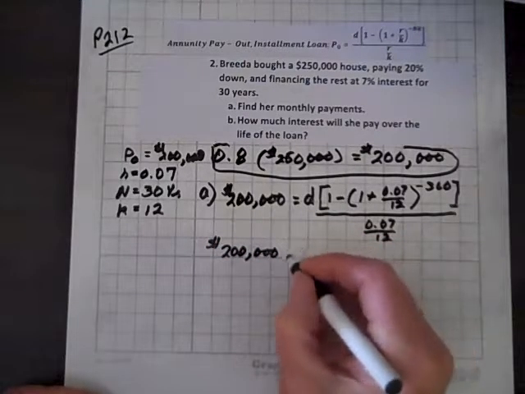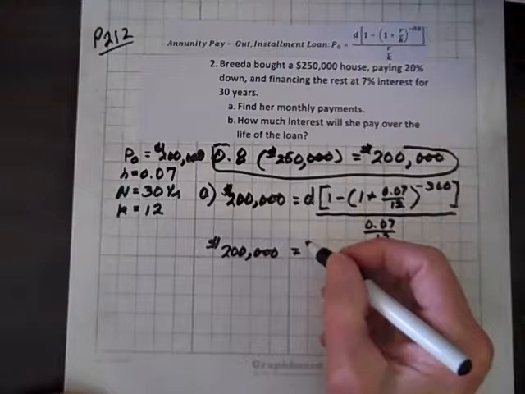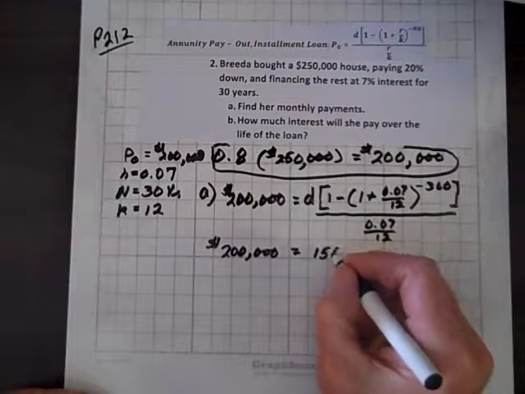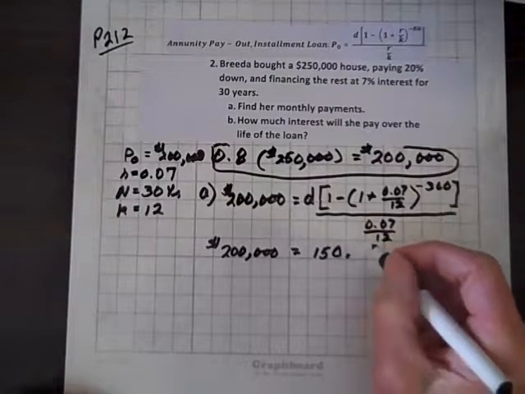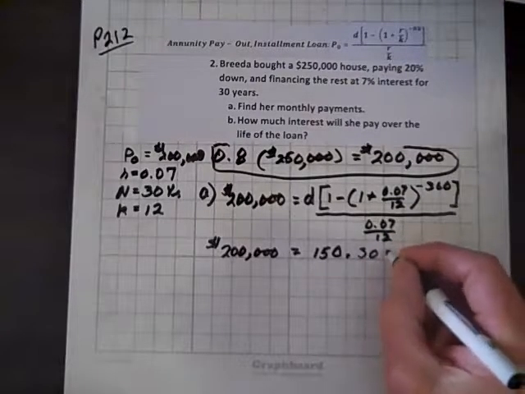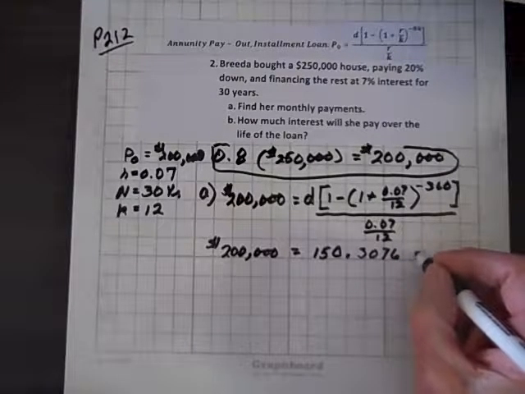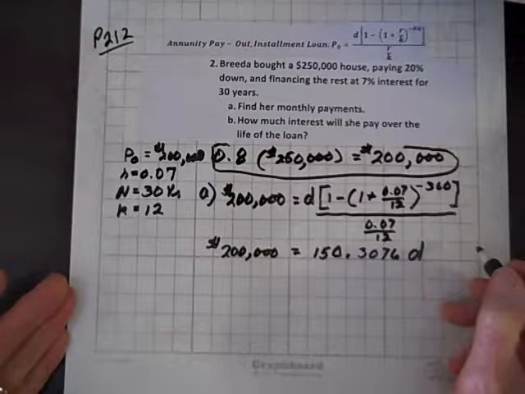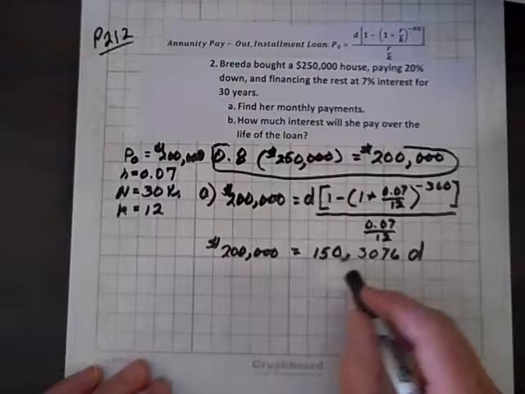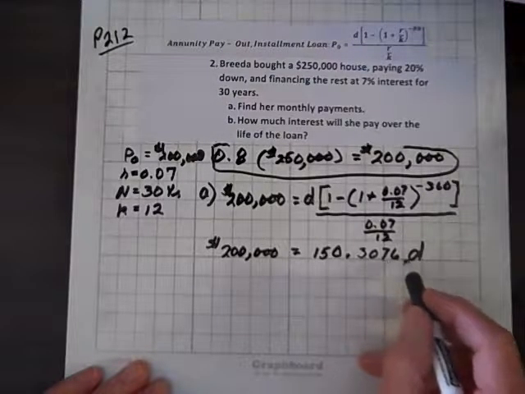When we compute that, we wind up with $200,000 equals, and computing this with our calculator, I get 150.3076, and I'm carrying it out a few decimal places because it will reduce rounding error, times D. Now we have to isolate D. To do that, we'll divide both sides by this 150.3076.